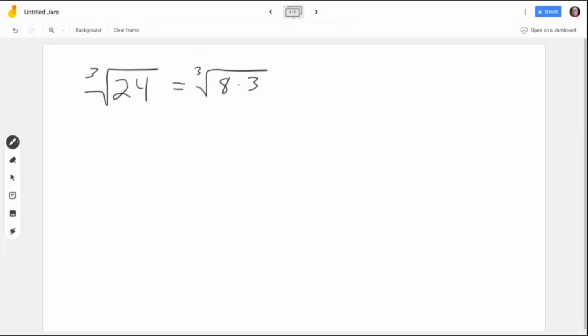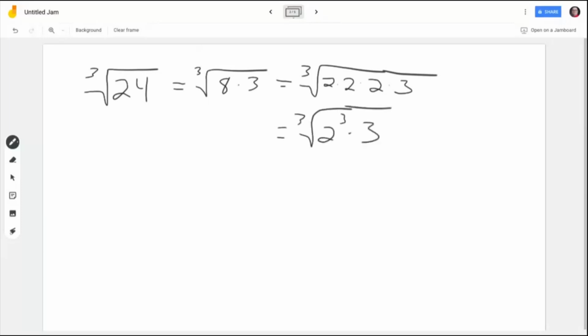But 8, I can break up 8. 8 is the same thing as 2 times 2 times 2. We still have the 3 there. And so this is the same thing as 2 to the third times 3.